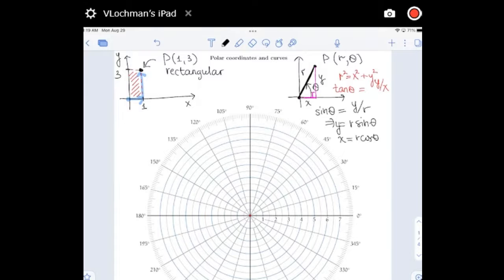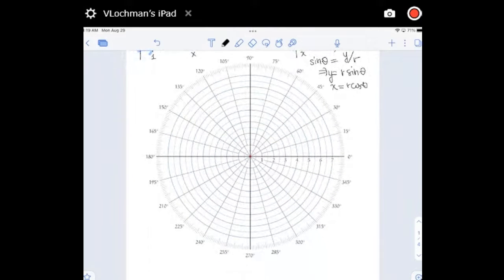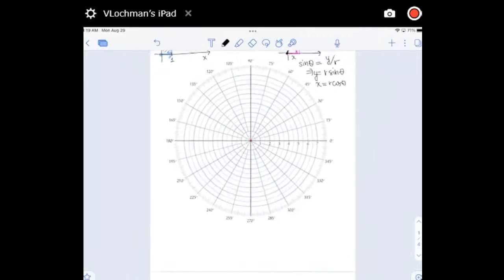Okay, then what I'm going to do now, I'm going to pick some points and we're going to plot them on this plane right here. Okay, so now our polar plane is no longer going to be rectangular. We need radius and we need angle. All right, so let's go ahead and start with some points.